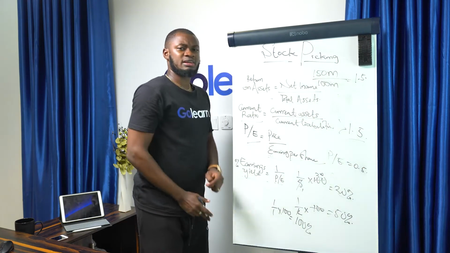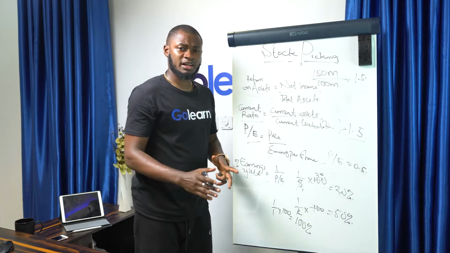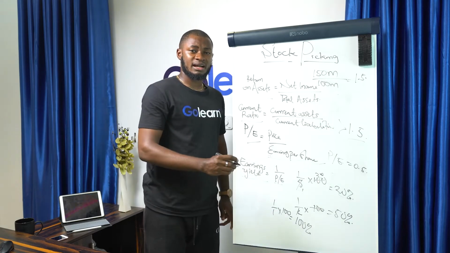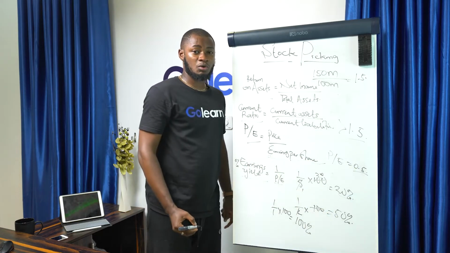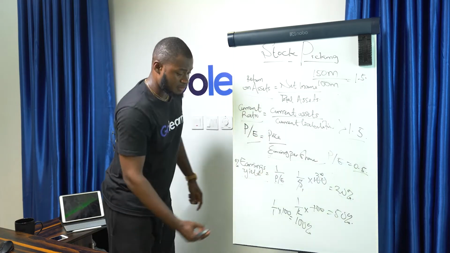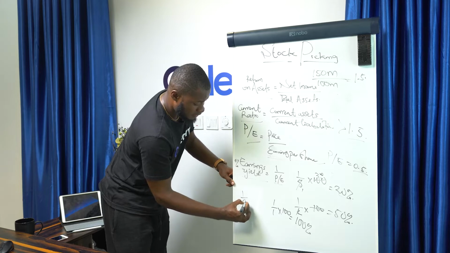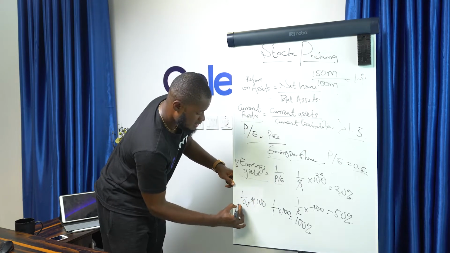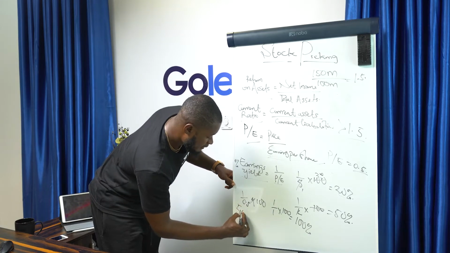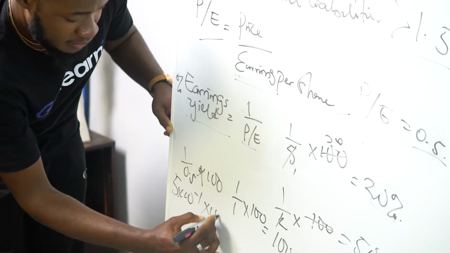As we go through the next module where I will show you my screen, I will tell you some companies, how you see companies having PE ratios of less than 1. So if a company is having a PE ratio of 0.5, it is 1/0.5 times 100. That's 5 times 10 raised to the power minus 1, times 10 raised to the power 2.